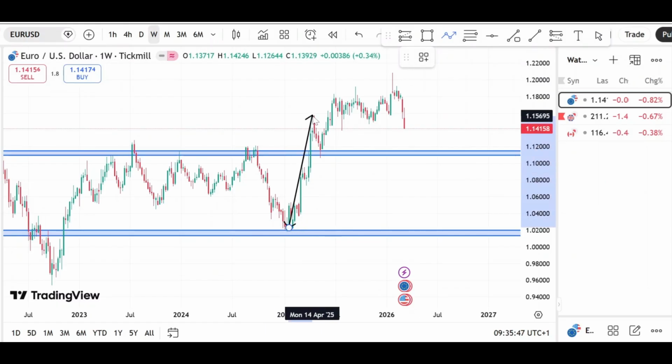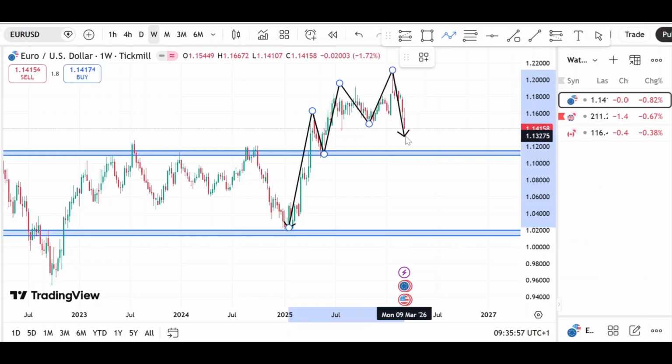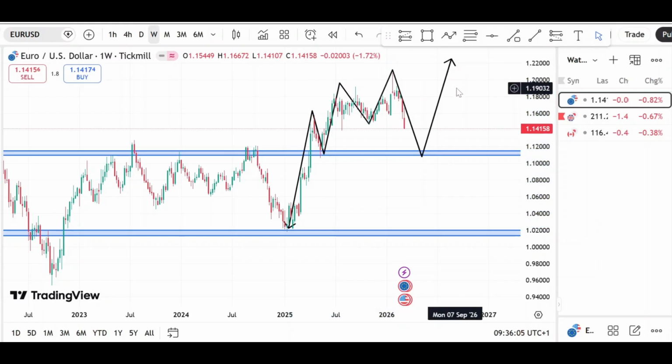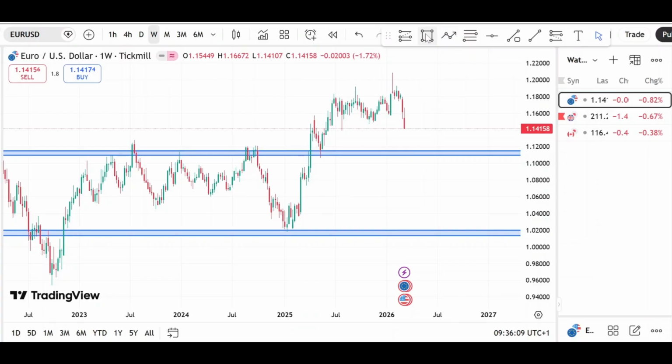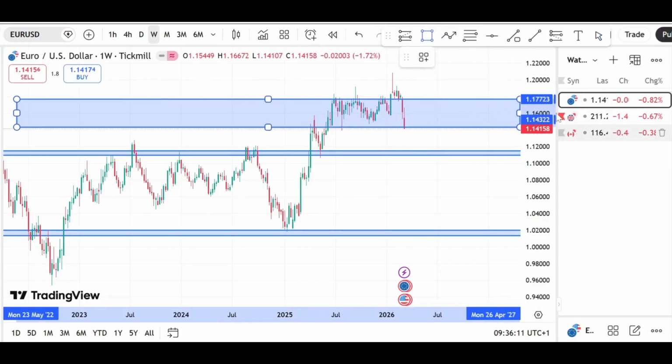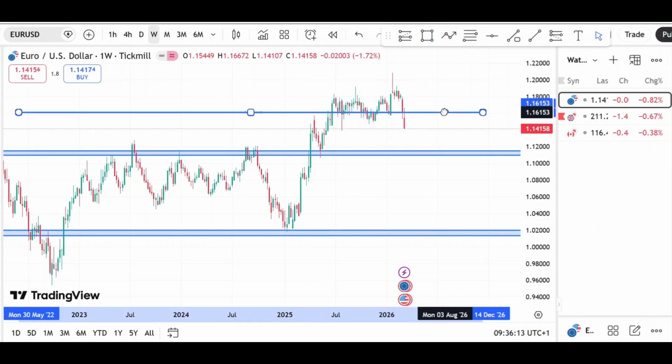We are seeing higher high, break of structure, higher low, higher high, but the structure is not clear. You can expect that the price will come to retest here fully before continuing in the uptrend.